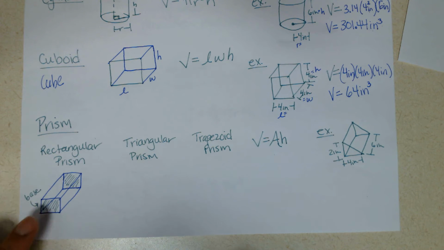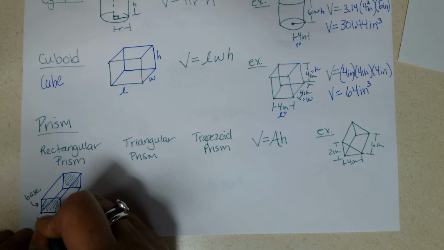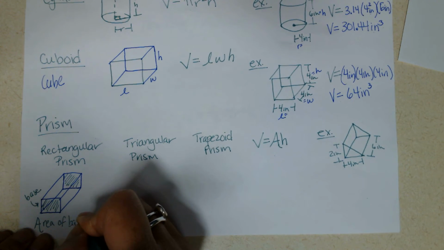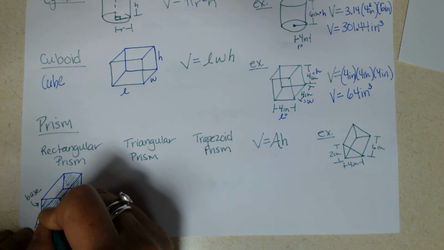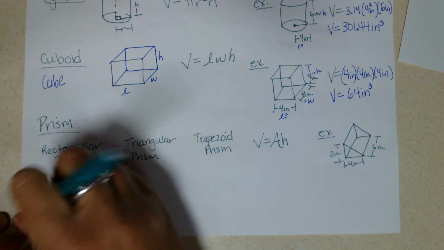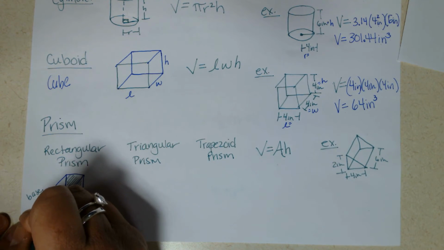So for this one, since our bases are square, our area of our base equals length times width. And so this is going to be length, and I'm actually going to write it over here. This is going to be width.